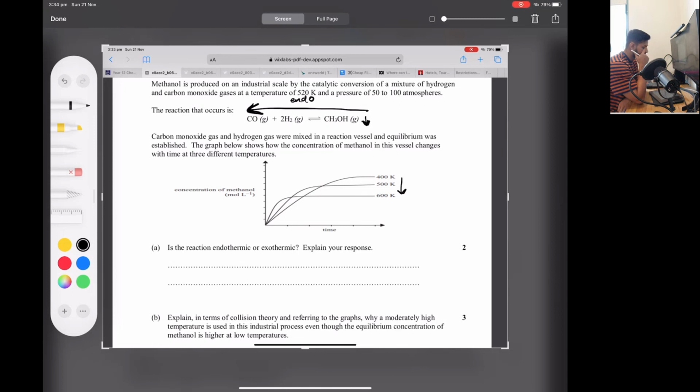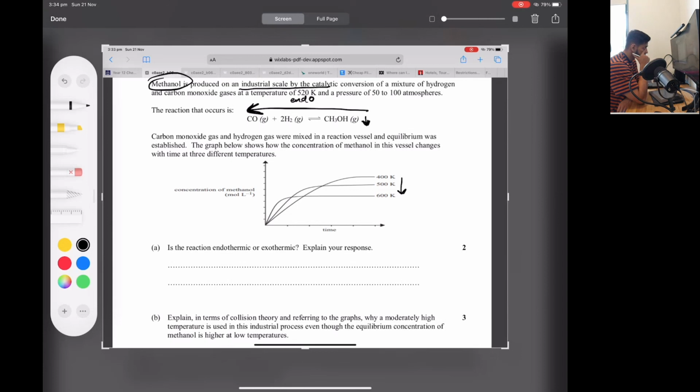Why are we still using high temperatures when high temperatures decrease yield of the very substance we are trying to industrially produce? Okay, so I haven't written my answer, but I think I know how to explain it.